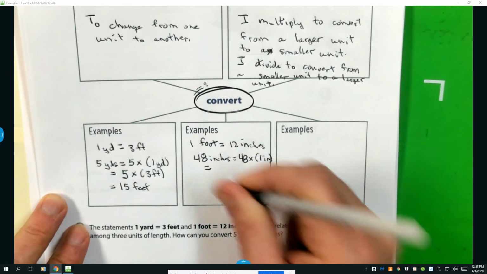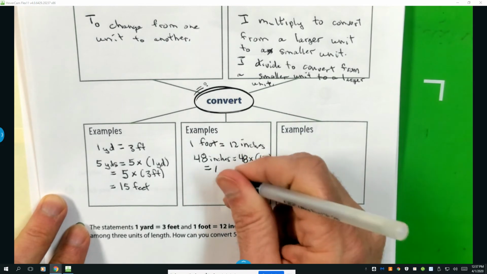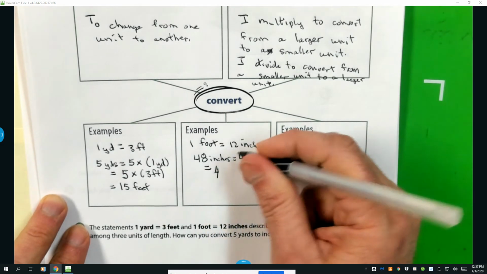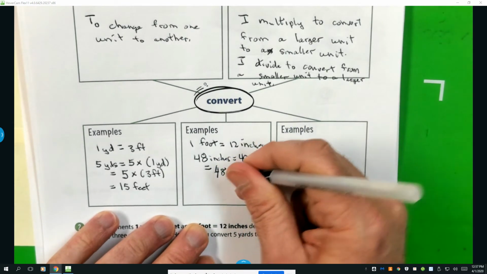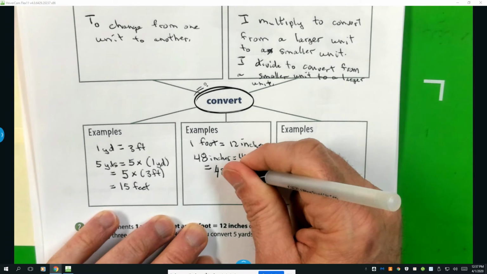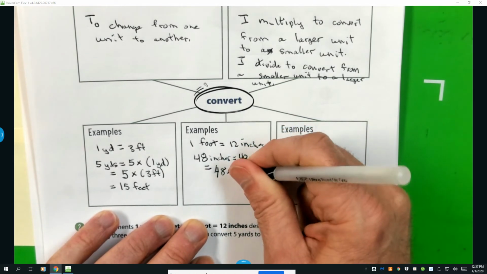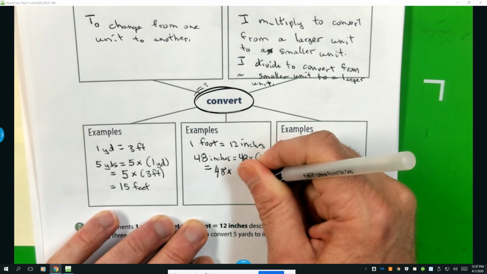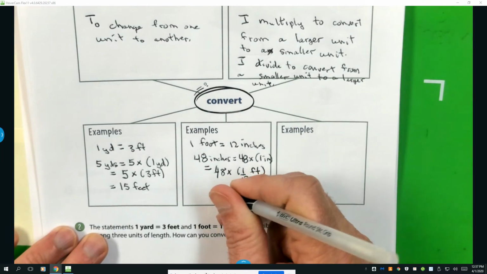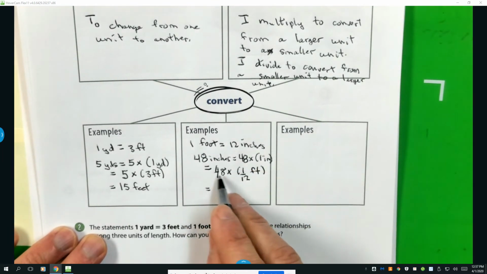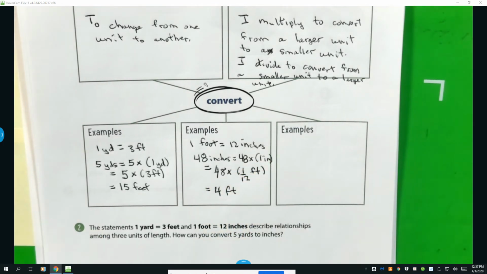That's the same as saying 48 times 1/12 foot. And that's going to be the same as saying 48 over 12 for feet.